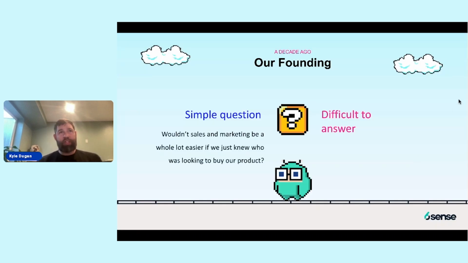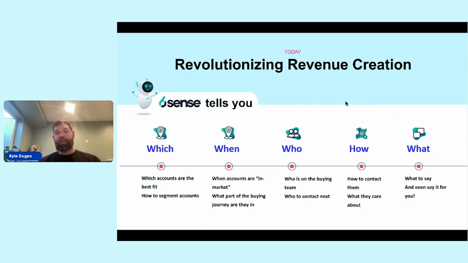So a little bit about 6th Sense. We were founded a decade ago, and it was really basically all trying to answer one simple question. Wouldn't sales and marketing be a lot easier if you knew who was looking for your product? And obviously that's a difficult question to answer, but we have a platform that can help you answer that question. And then beyond that, what we've come to now is the which, when, who, how, and what.